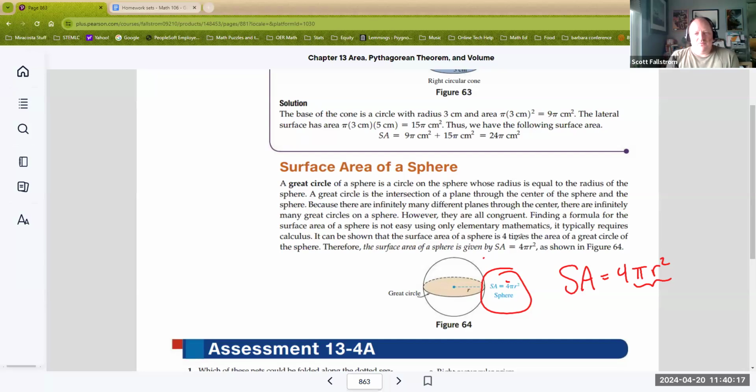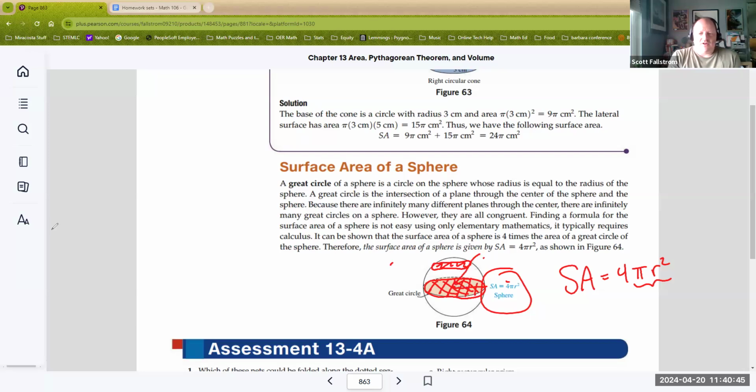So if you think about that, and you think about the way a sphere is designed, a sphere has a radius from the center to the outside edge. The circle, what we would call a great circle, because it would go through the center of the sphere. And again, you could have other circles that are kind of up here. You cut them off and you're like, oh, that's a circle up there, but it didn't go through the center of the sphere.